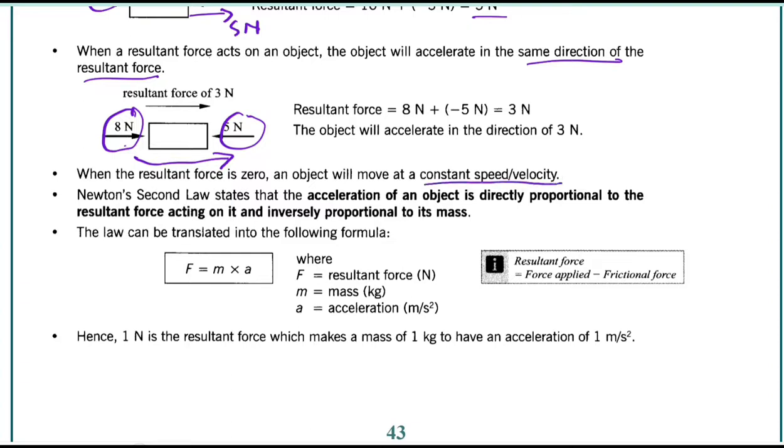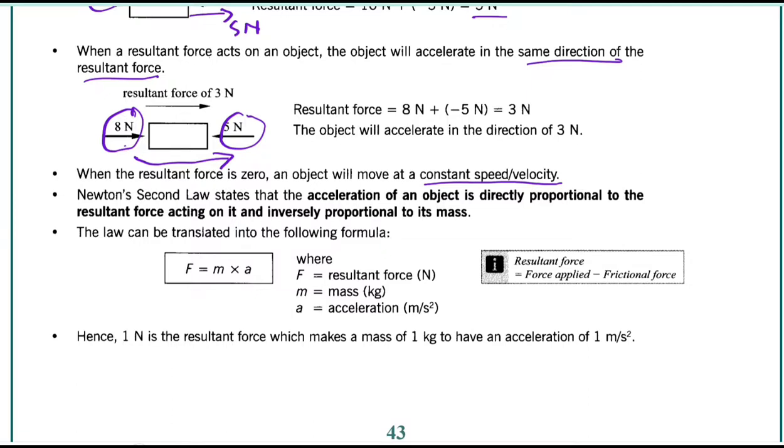a constant velocity. The second law states that the acceleration of an object is directly proportional to the resultant force acting on it and inversely proportional to its mass.